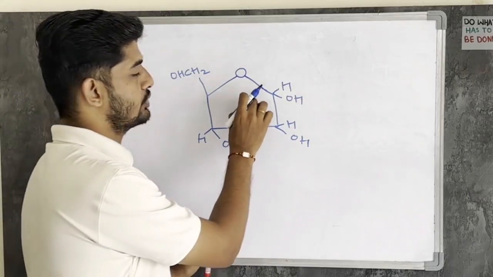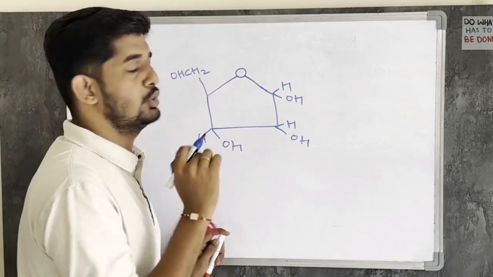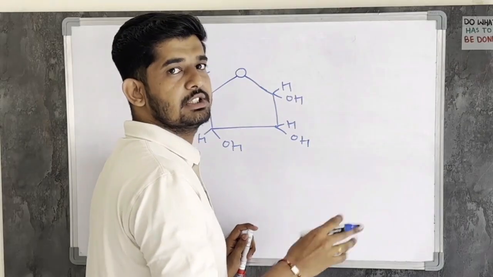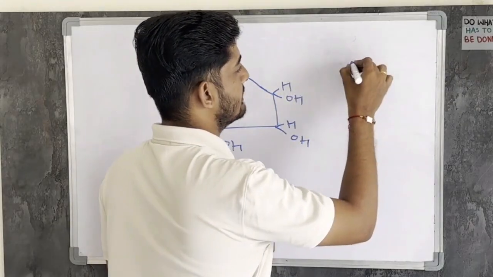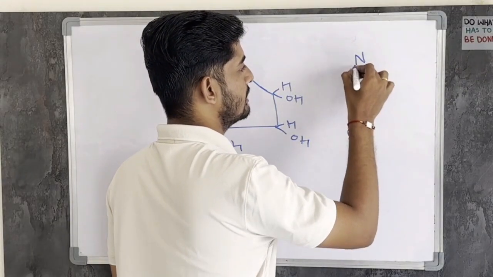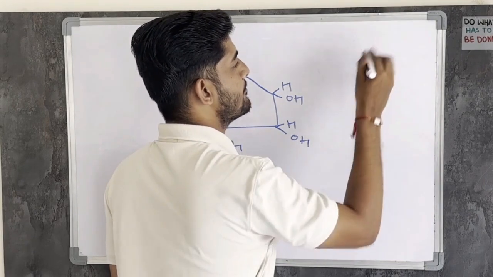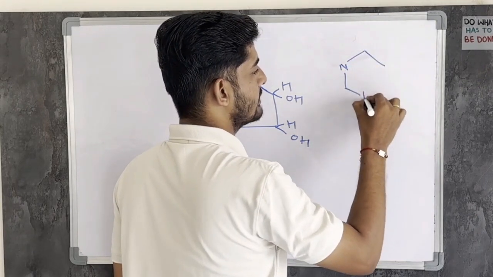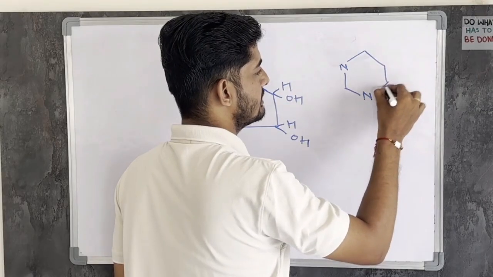Now after this pentose sugar, we will have to draw a nitrogen base. For our easy explanation, we will take thymine. So this is our first nitrogen, second nitrogen, third nitrogen at the third place.